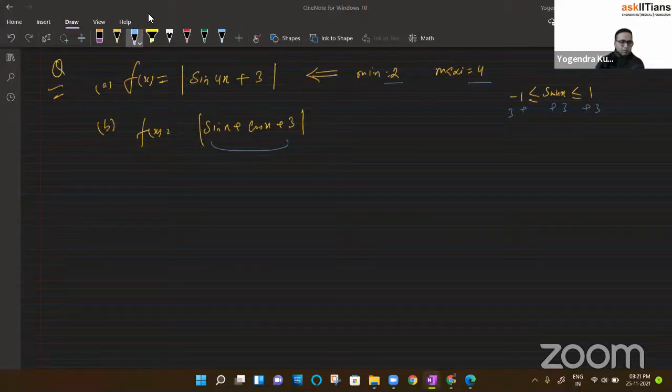Prakhar, very good. Vedant, maximum is 5, minimum is 1? That is so much wrong.